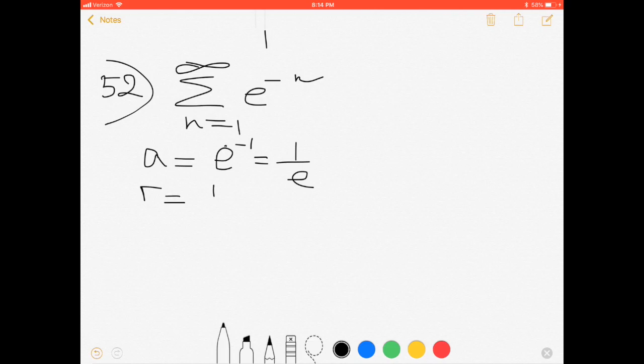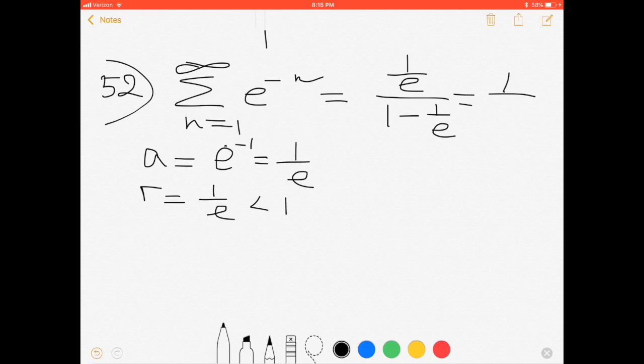The ratio, every time you multiply by 1/e. 1/e is less than 1. It's a positive number less than 1. This means our series converges, and we have 1/e over 1 minus 1/e, or simplifying, you have 1 over e minus 1.